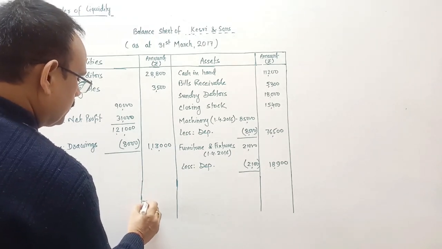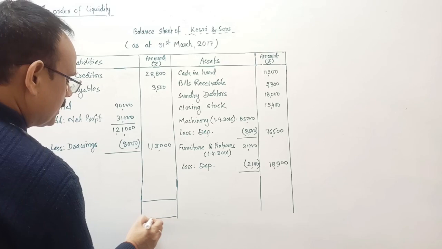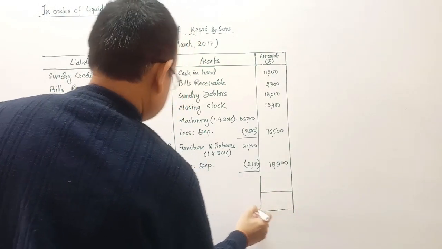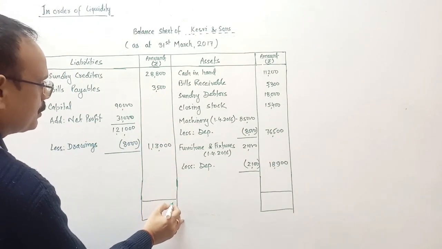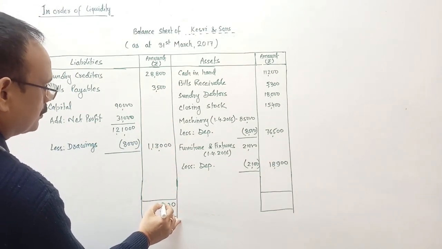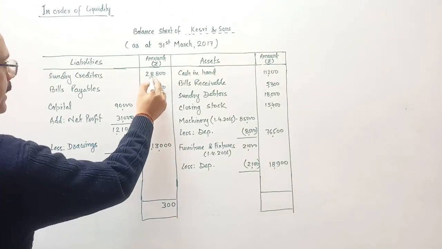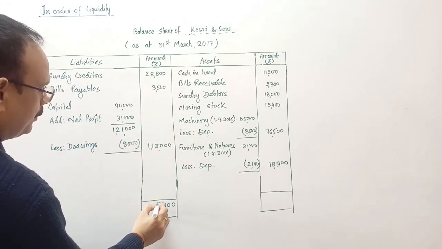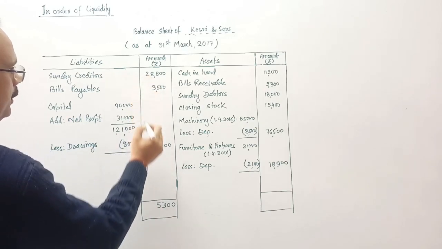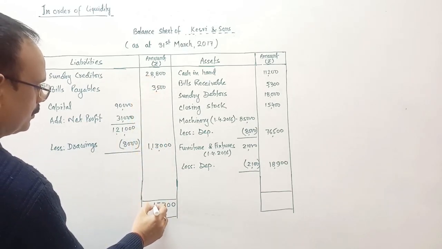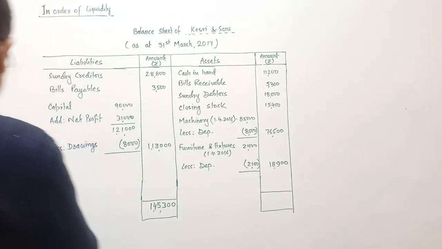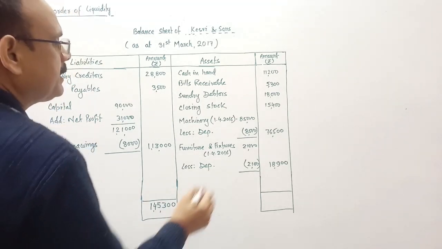Now what we'll do? We'll do the total. Both side totals must be matched. So this side total is 1,45,300.